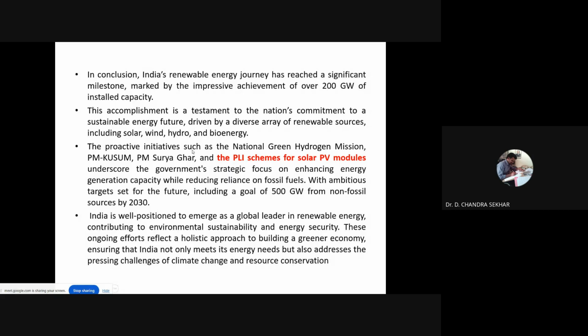The proactive initiatives such as the National Green Hydrogen Mission, PM Kusum, PM Suryaghar and the PLI schemes. PLI schemes are to manufacture the solar PV modules. So the government's strategic focus is on enhancing energy generation capacity while reducing fossil fuels.